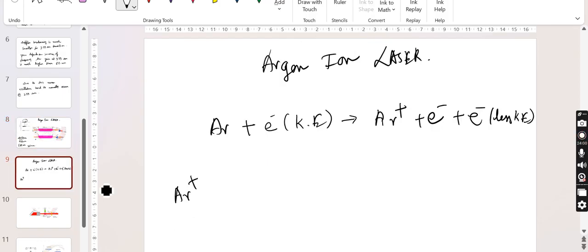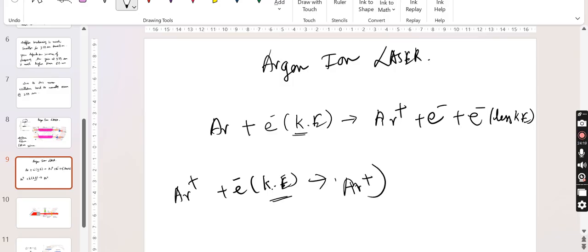Then an electron collides with the argon plus ion. I am writing here kinetic energy. This kinetic energy and this kinetic energy may not be the same. So that will push the argon plus ion to an upper excited level. The electron will have less kinetic energy.